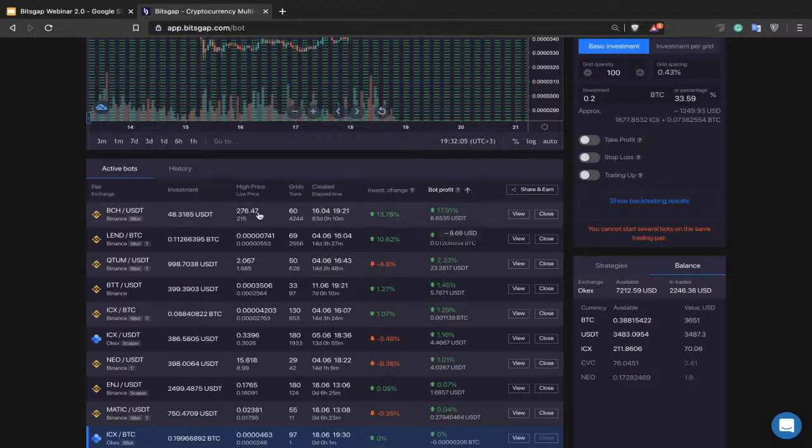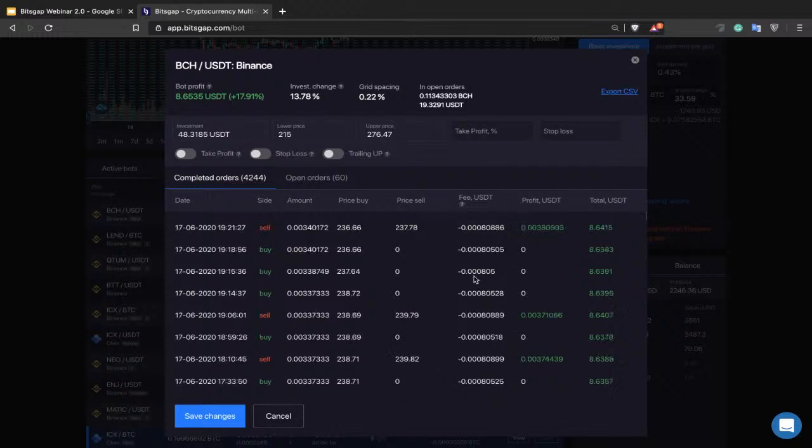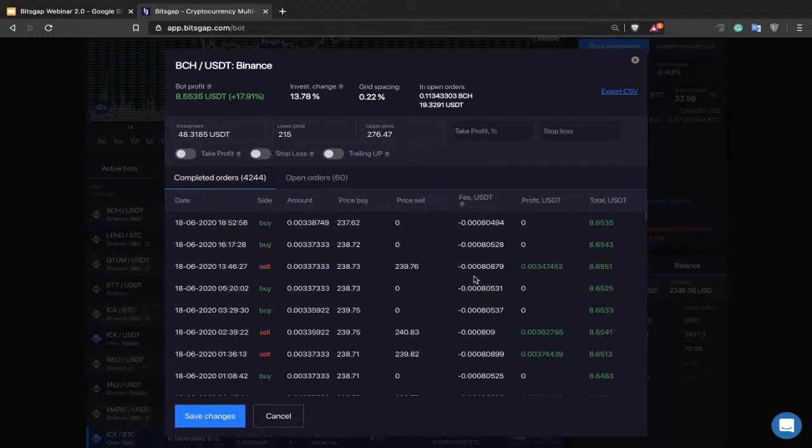Let's open my Bitcoin Cash to USDT. So here we have fees. They are priced in. So each time you see the bot profit, you have to keep in mind that it is absolutely net of all fees.